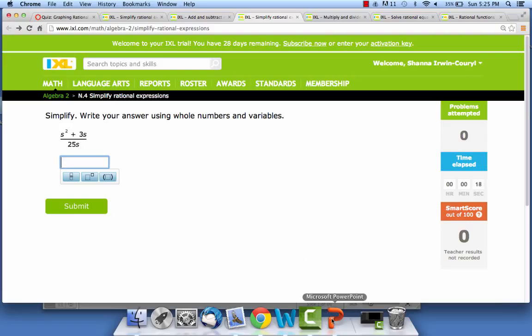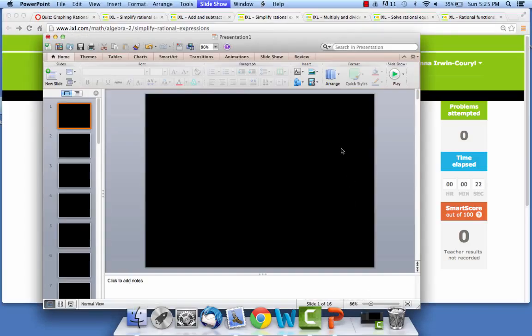Okay, so s squared plus 3s over 25s. So we can take out an s up here. And we get s plus 3 over 25.